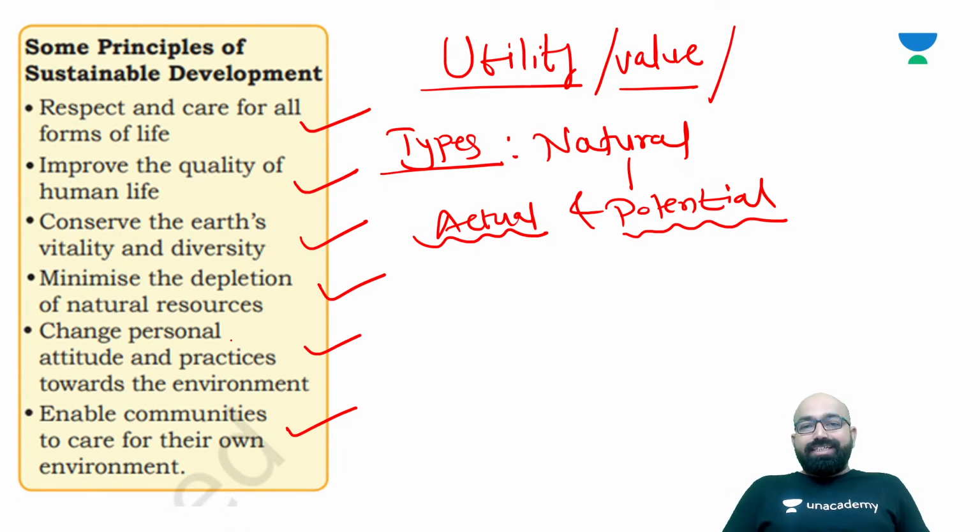So therefore it is our duty to ensure that all uses of renewable resources are sustainable, the diversity of life on the earth is conserved, then the damage to natural environmental systems is minimized. So we can take these steps for the conservation.